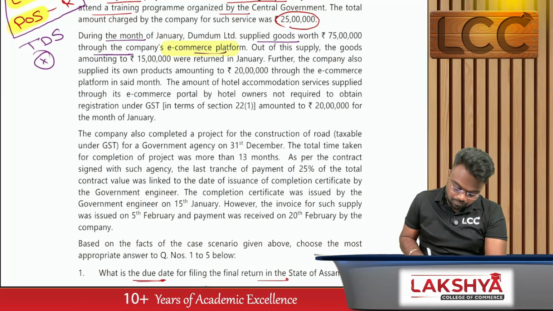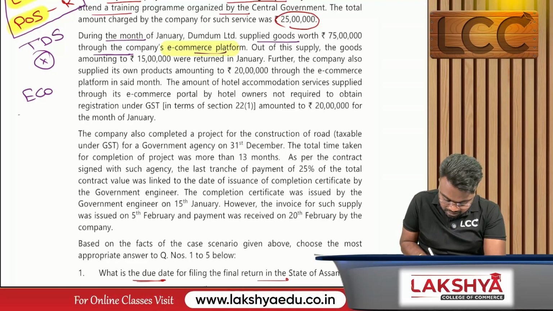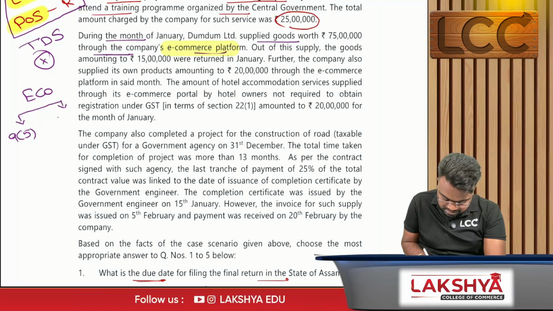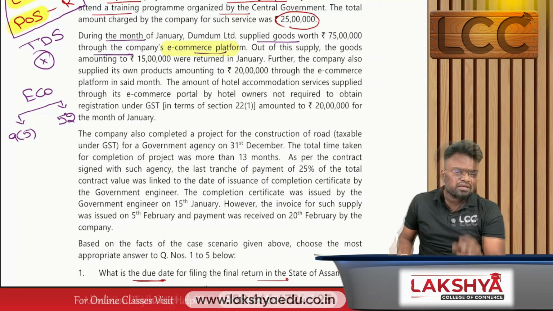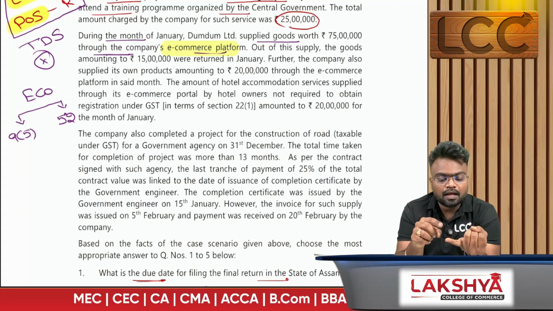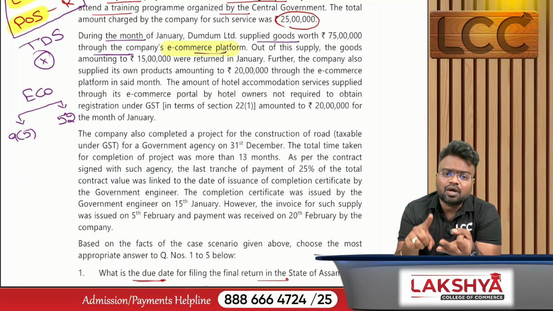Under GST, the concept of e-commerce operator is covered under two sections. One is section number 9(5), the other one is section number 52. Under 9(5), a total of 5 services are covered: housekeeping, transportation, omnibus, restaurant, and hotel.